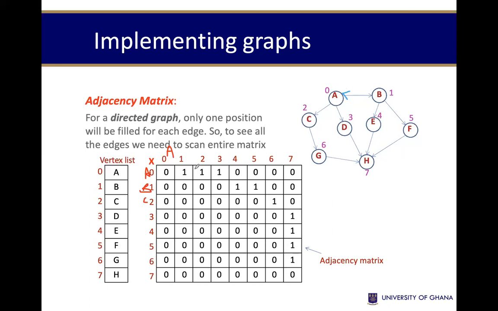Okay, so if that is the case, we can model it in both ends. So I can have my A map to B, and then I can have my B map to A. In this case, that place will be 1.